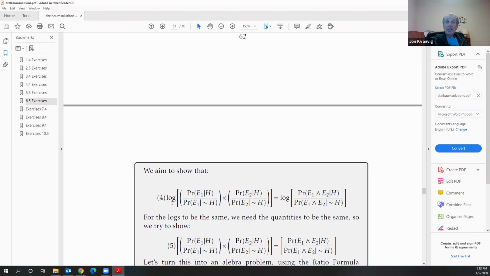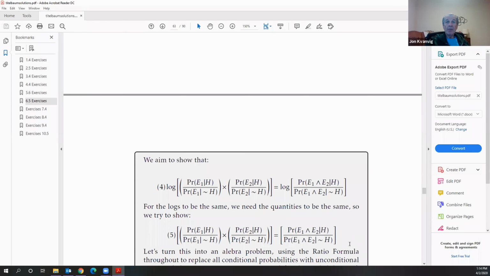Now, for these two logs to be the same, we need the numbers that are generated to be the same. And so that's what we're going to try to do. I just dropped the log remarks because we're going to show that those two values, the one on the left side and the one on the right, are actually the same.